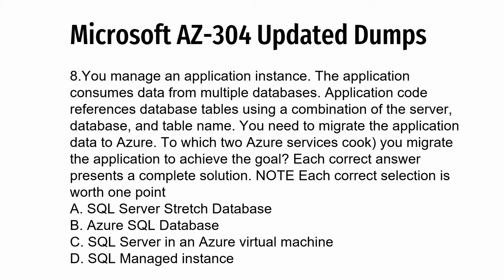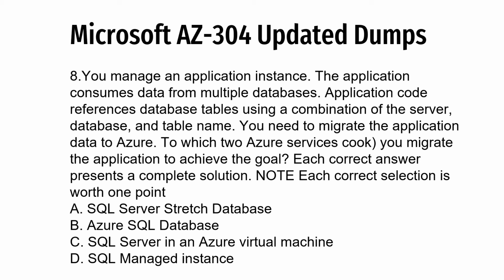8. You manage an application instance. The application consumes data from multiple databases. Application code references database tables using a combination of the server, database, and table name. You need to migrate the application data to Azure. To which two Azure services could you migrate the application to achieve the goal?